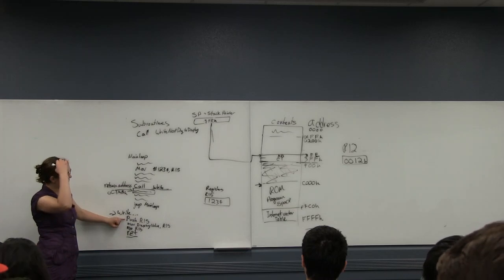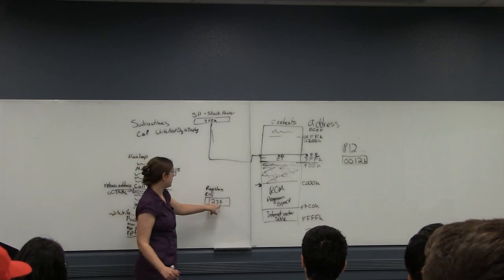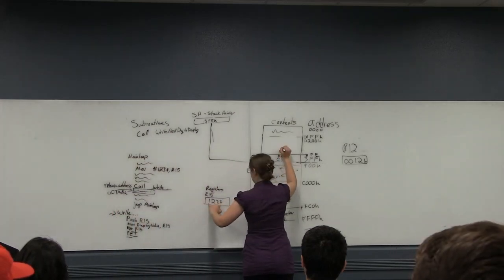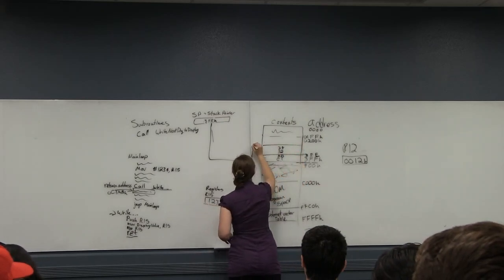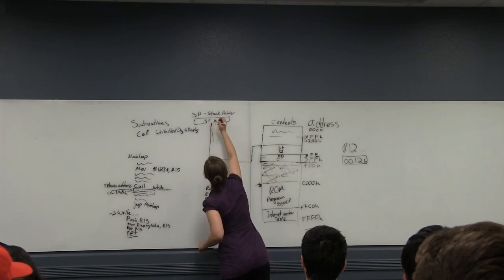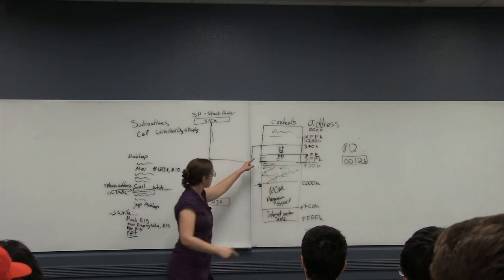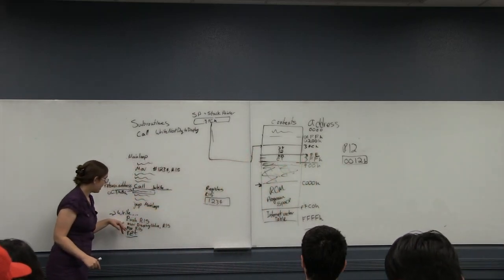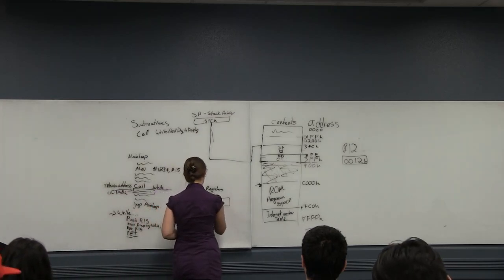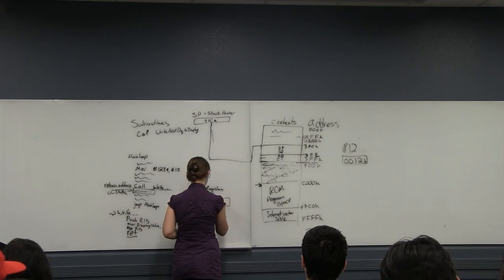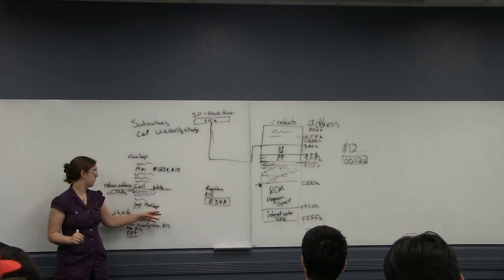And then here, the first instruction in my subroutine, I push R15 onto the stack. What that does is it takes this value and puts it onto the stack. So now the stack pointer points up here, to 3FCH. And then I'm going to move some other random value into R15.